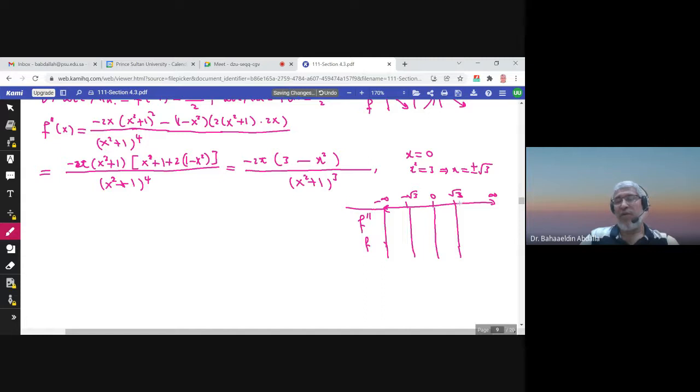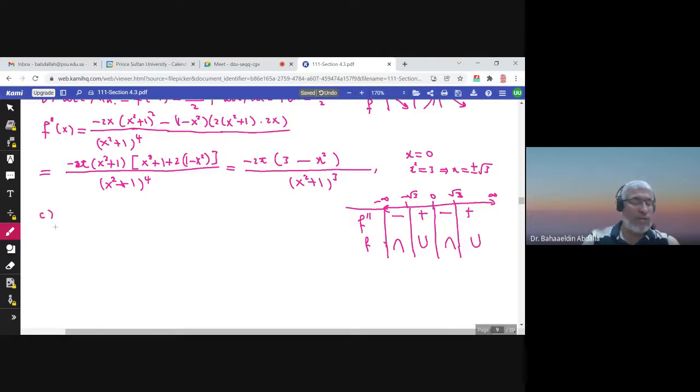So let me take 1. 1 is between 0 and square root of 3. So if I replace x by 1, this would be positive and this would be negative. So f double prime would be negative. So it would be positive here, and negative here. So here is concave down, concave up, concave down, concave up.